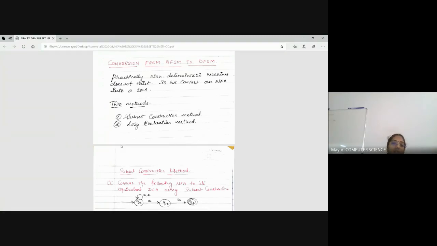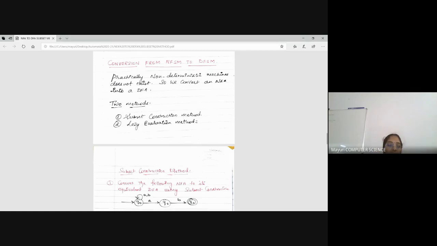The subset construction method is applicable only when you have some 2 states, 3 states, 4 states like that. But when you increase the set of states in the NFA, I think it's very difficult to deal with 2 power n number of subsets. So there we go with the lazy evaluation method later.